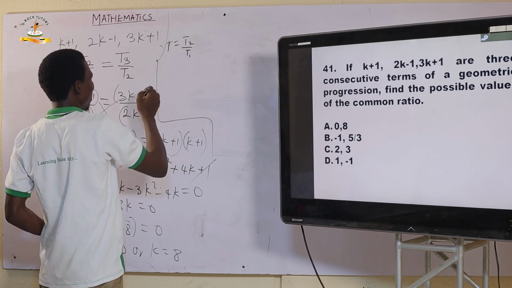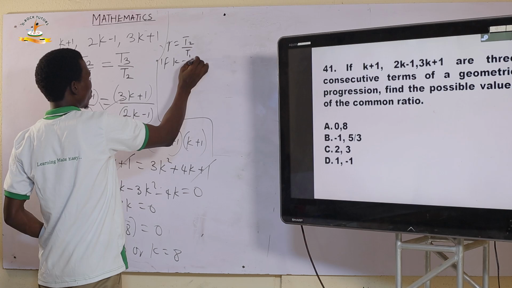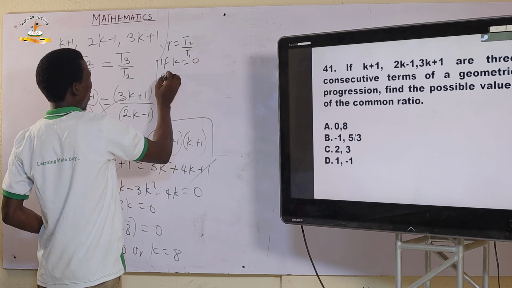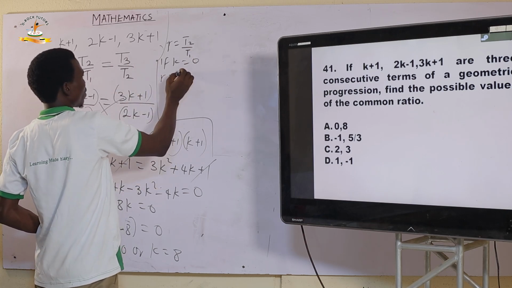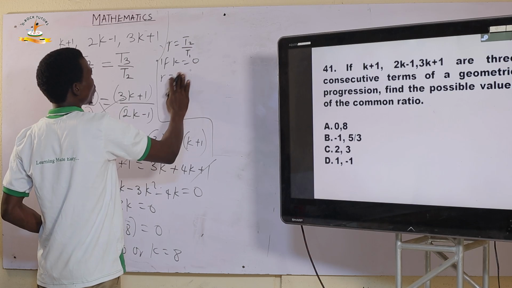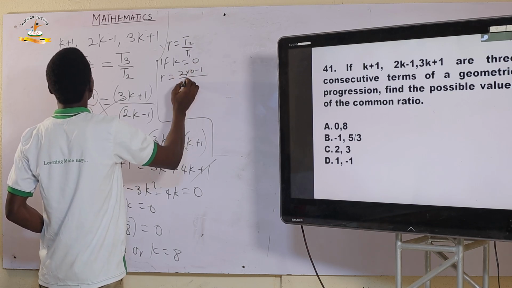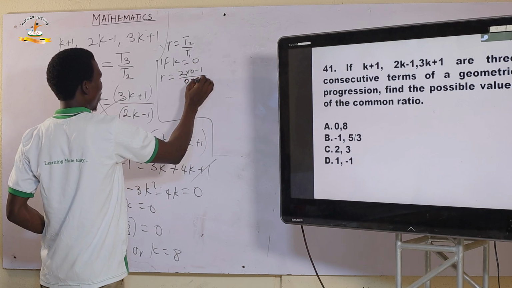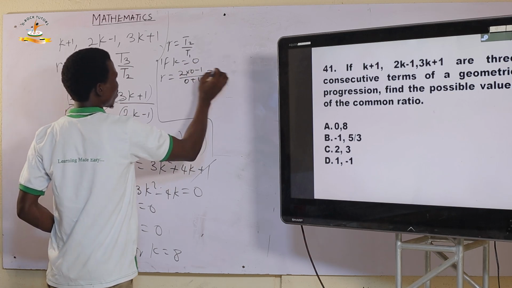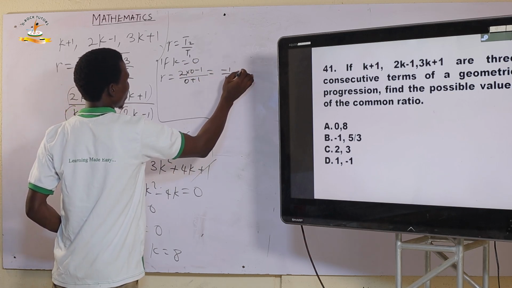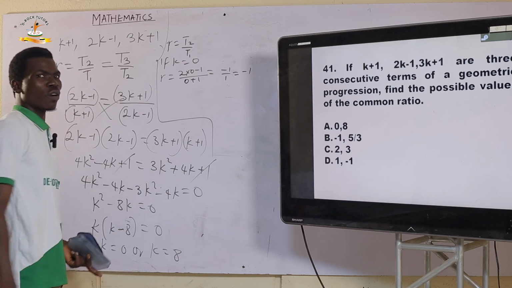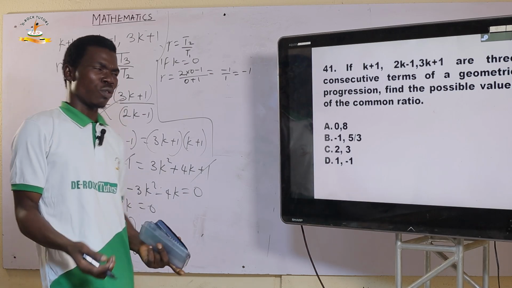In this case, if k equals 0, R will be T2, which is 2 times 0 minus 1, all over k plus 1, that's 0 plus 1. And this is simply going to be 0 minus 1 over 1, and that is minus 1. That's the first value of R when k equals 0.